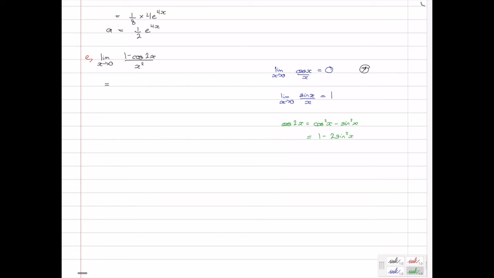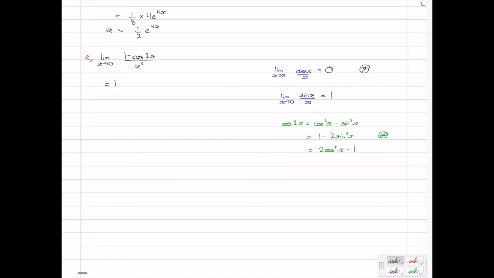Or we could let sin squared x equal 1 minus cos squared x, and if we do that, we get 2 cos squared x minus 1. Now, this first one is the one that we're going to use, because we have this positive 1. Since I'm subtracting cos 2x, I'm going to get 1 minus 1, and that's going to cancel out in the top, which is going to make things really nice.